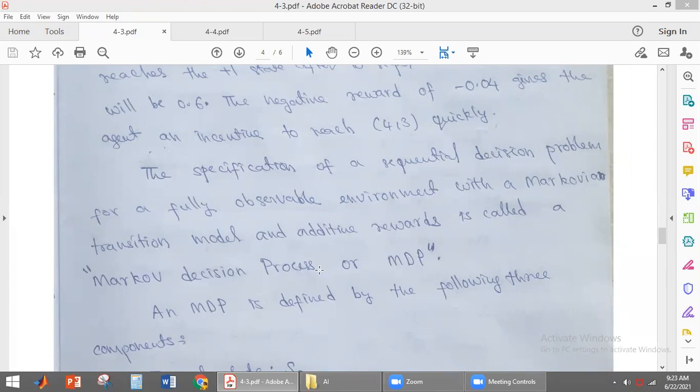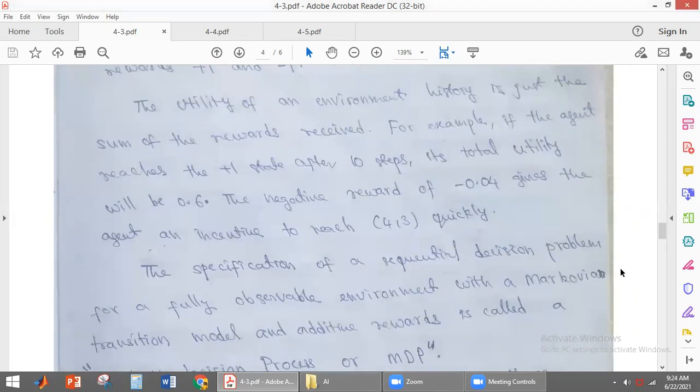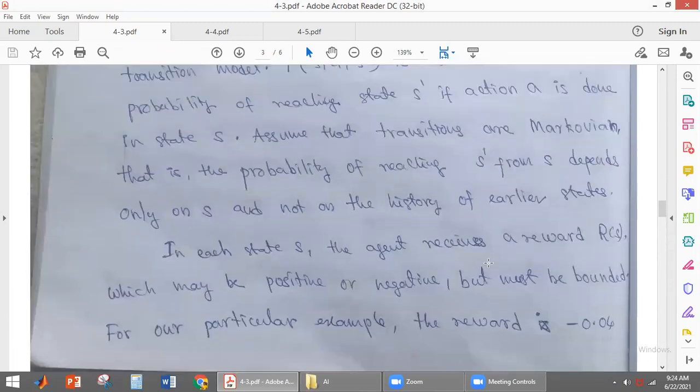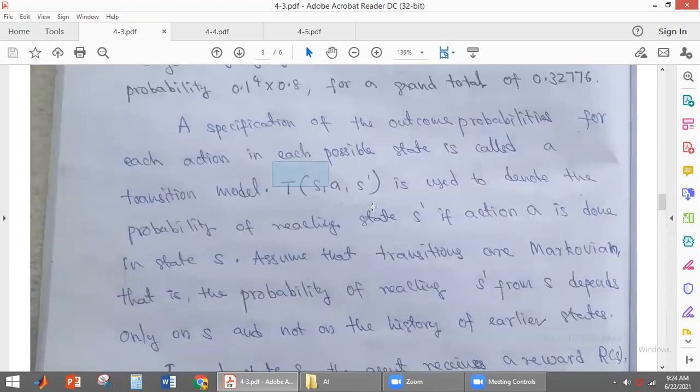It is a sequential decision problem for a fully observable environment with a Markov transition model and additive rewards. What is a Markov transition model? The Markov transition model is that the transition from one state to another state depends only on the previous state. So that is called the Markov transition model.